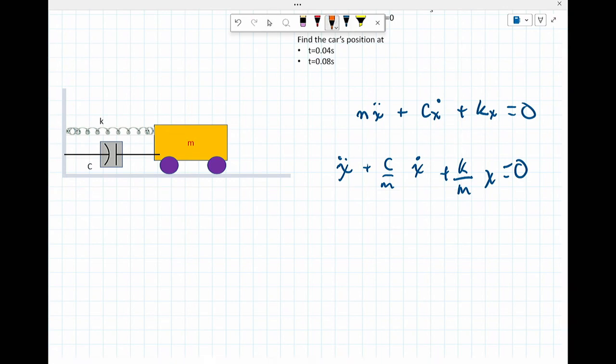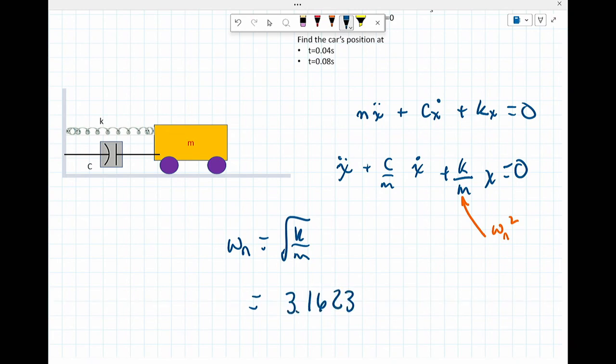So I see immediately that I have omega n squared there, and from that I can write omega n equals square root of k over m, substitute in the terms that I have, and that's where that magical 3.623 rad per second came from before.